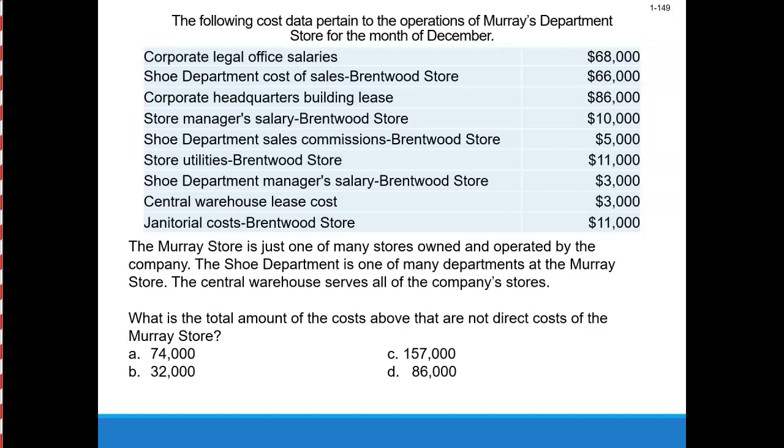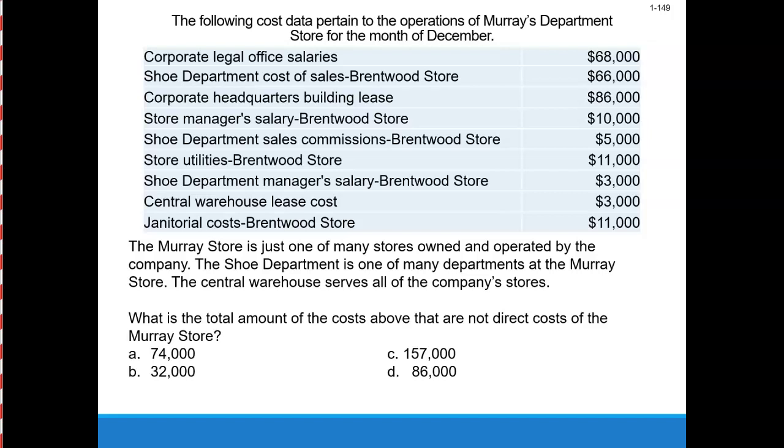What is the total amount of the cost above that are not direct costs of Murray store? Well, it told us that the central warehouse is for all stores, correct?